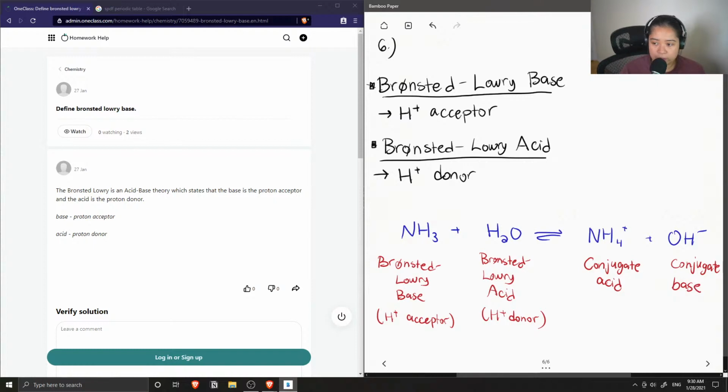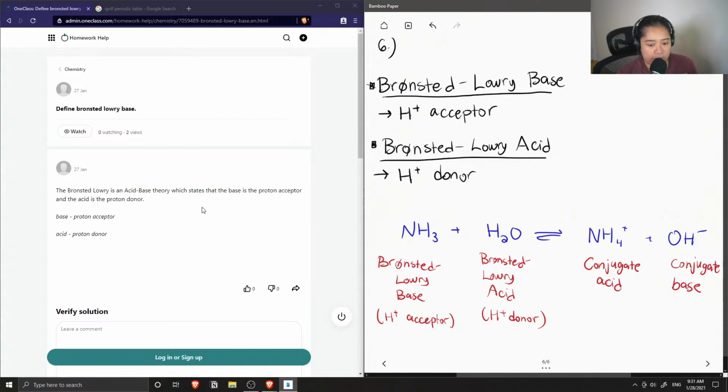So the reason why we define these as another acid and another base is because in the reverse reaction, the NH4 plus, the ammonium ion, is the one that donates one of its protons to the OH minus, which accepts its proton. So they kind of just reverse the roles.